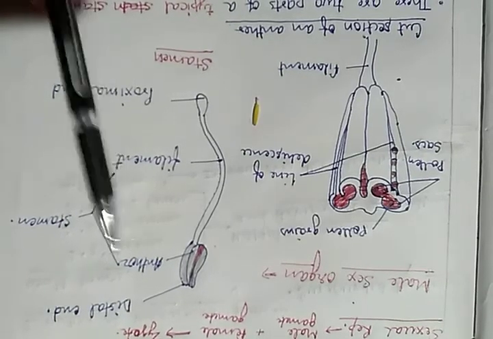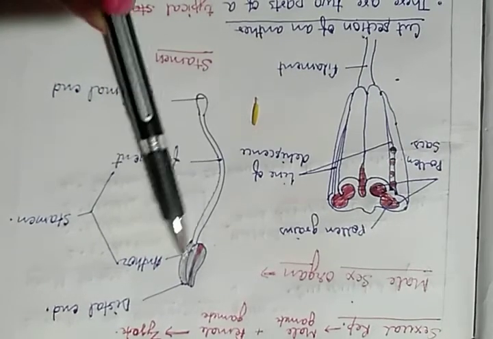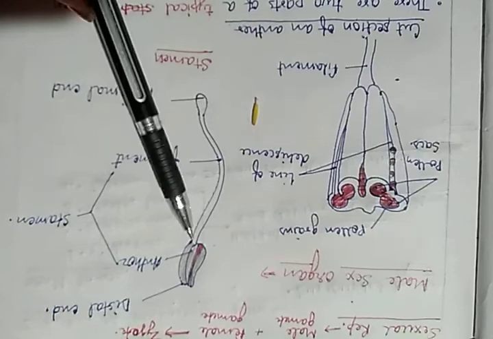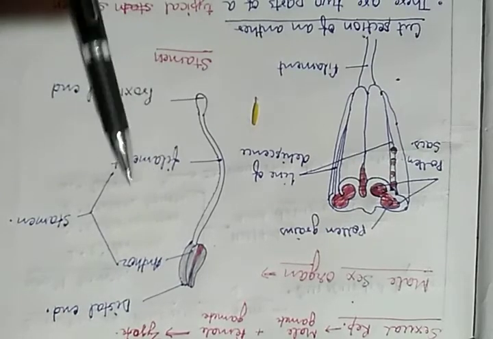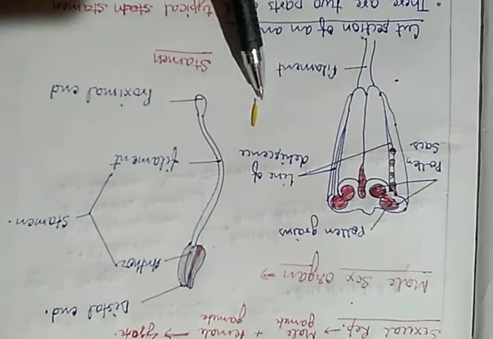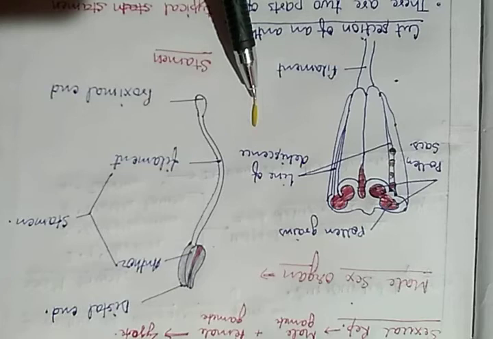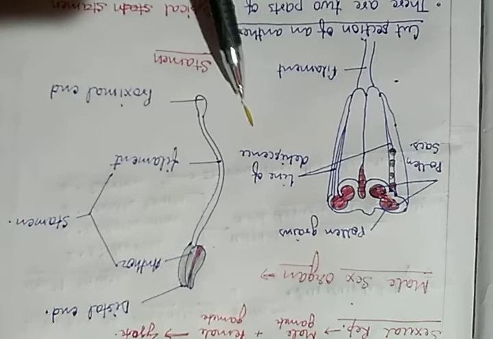First is anther and next one is filament. This lobular part is known as an anther, and this stalk is known as a filament. These are two important parts of the stamen. Look at here. I'm having a stamen also. This particular minute stalk is known as a filament, and this yellow portion is known as the anther of this stamen.